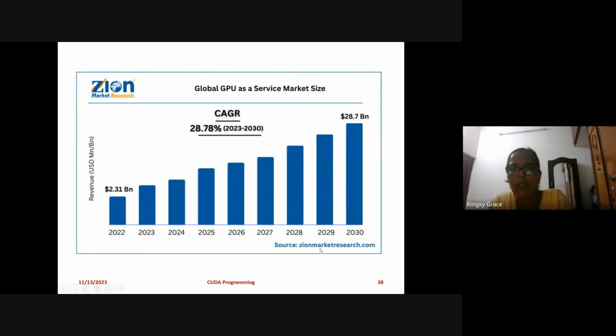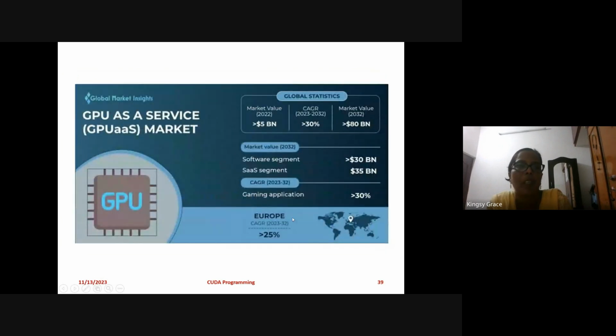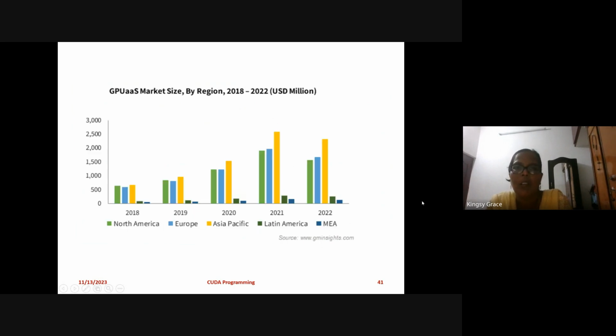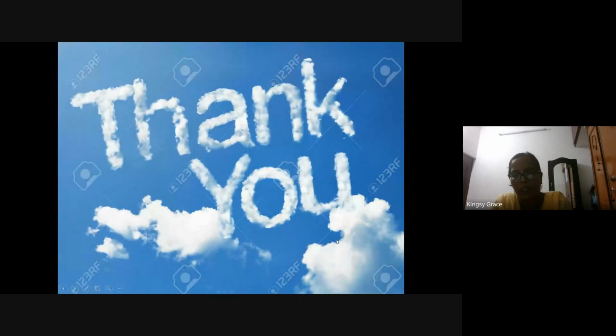Another research says that by 2030 it will reach $28.7 billion. And this is another survey. Nowadays we can get GPUs via GPU as a service. We'll see that while doing the programs.